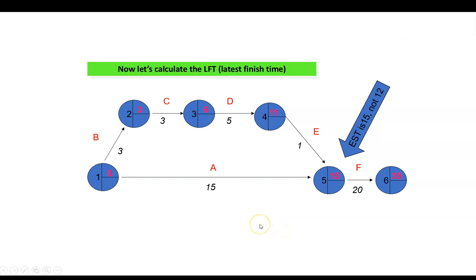Now let's calculate the latest finish time. So starting with the latest finish time, we work backwards through this chart. And we're again going to have a problem where anything meets on its return journey.